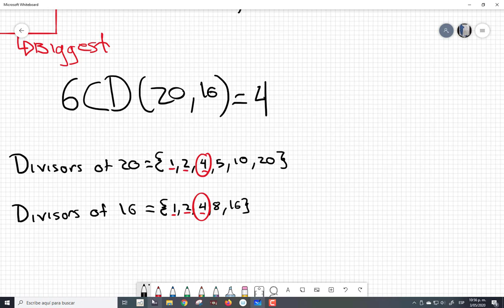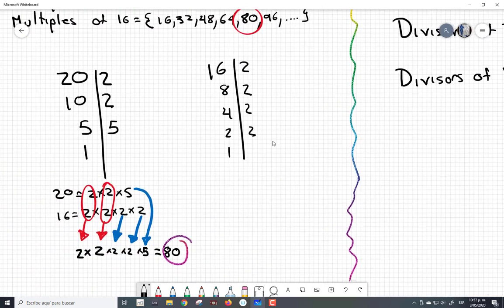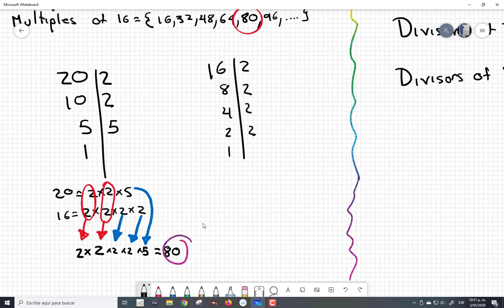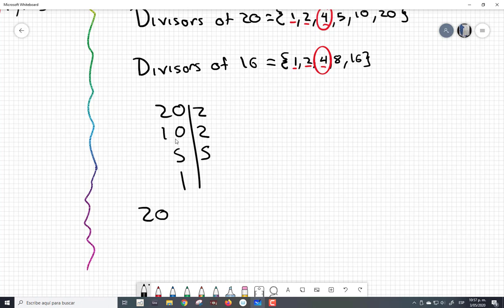But remember, we can also do it in a similar way than this with prime factorization. So let's do it. 20 equals 2 times 2 times 5 and 16.